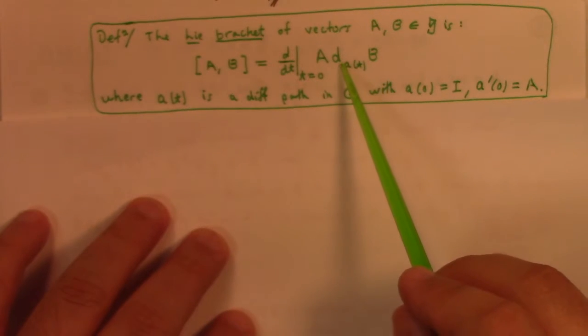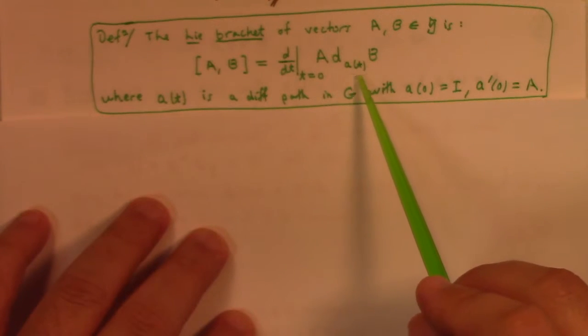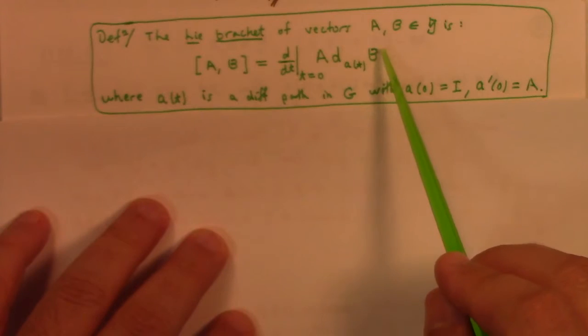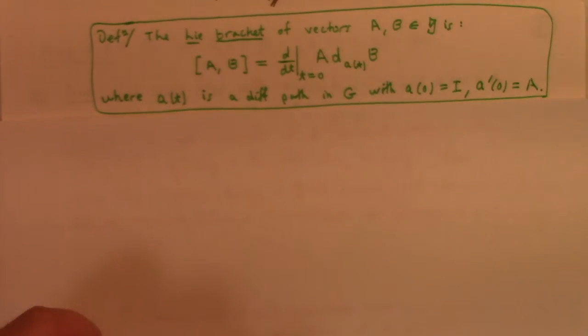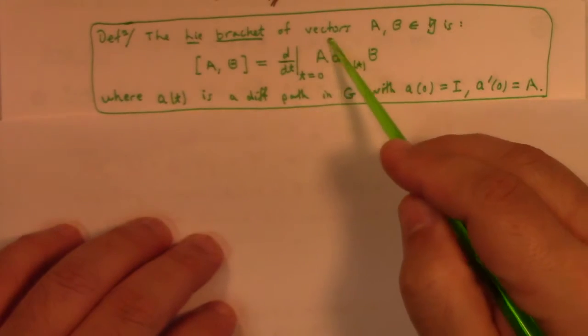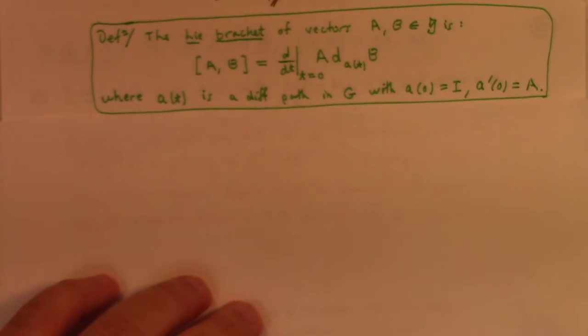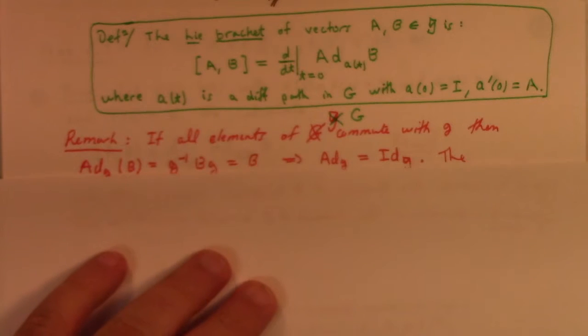So we take the differential at the point a(t) of B. Excuse me, not the differential. That's this. I'm misreading it. This is the adjoint map. All right, so that's the definition of the Lie bracket, but it will work out to be the commutator when we actually look at the details of it.